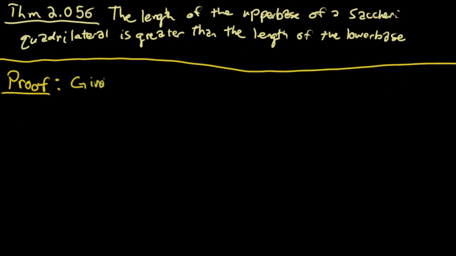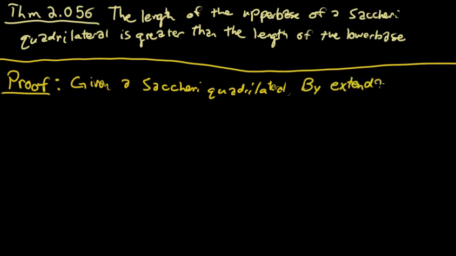So we'll say, given a Saccheri quadrilateral, let's not name that A, B, C, D. We'll say by extendability we extend.